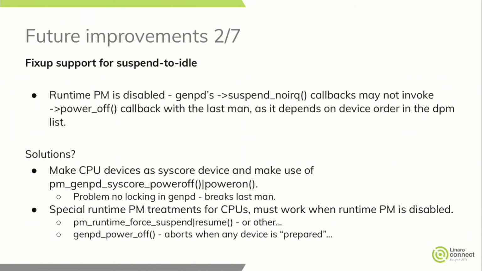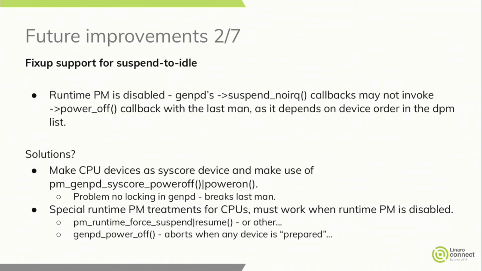But the main thing here is that this entire cluster idle state selection is based on runtime PM being used. That's the one that deals with the reference counting. When you go to suspend to idle, that's quite late in the system suspend process, which means that runtime PM has been disabled for all devices in the system. So this kind of reference counting isn't working anymore.